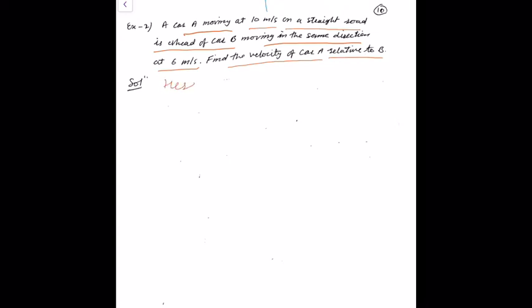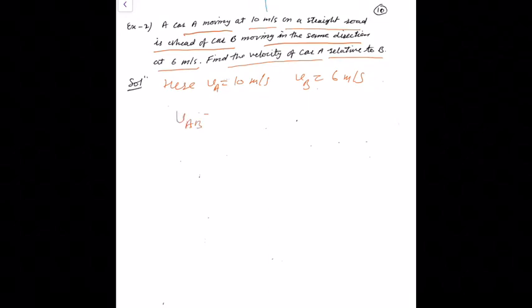Solution. Here VA is equal to 10 meter per second, VB is equal to 6 meter per second. So the velocity of A relative to B, VAB is equal to VA minus VB is equal to 10 minus 6 equal to 4 meter per second.